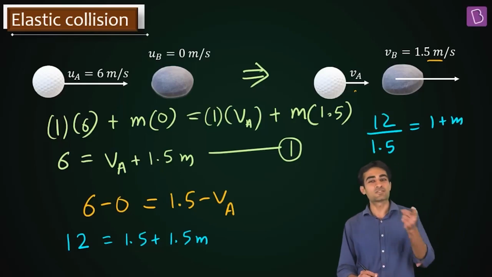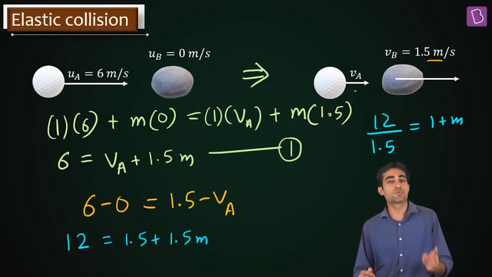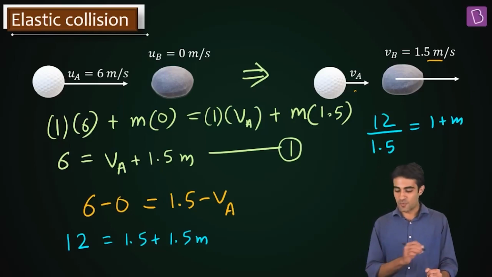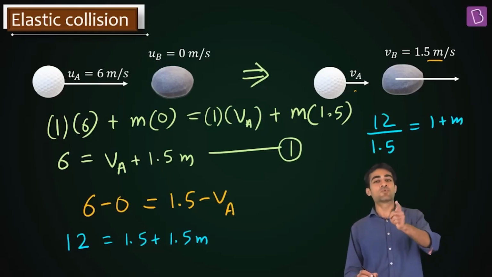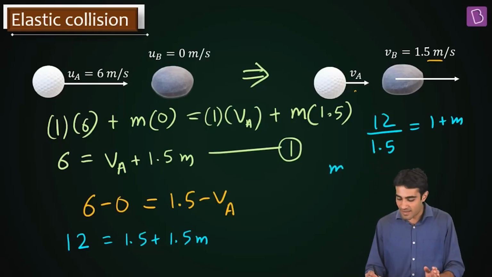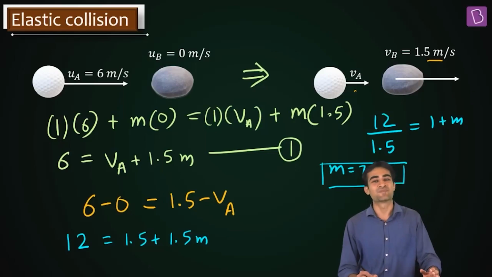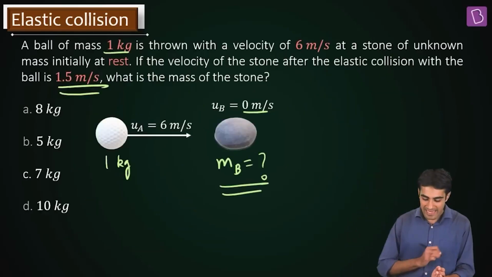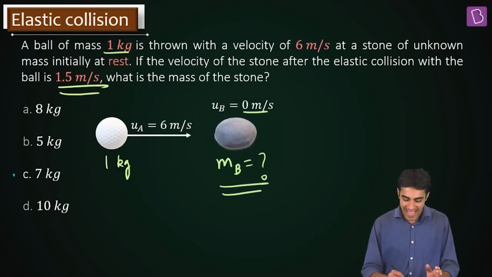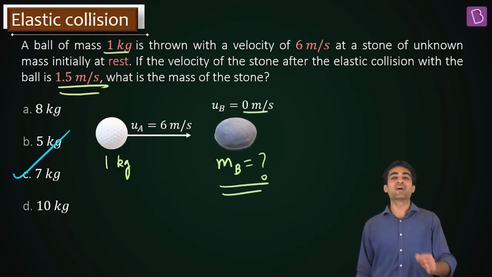What is 1.5? 1.5 is 3 by 2. So we are getting 8 = 1 + m, and m becomes 7. So the mass of the stone is 7 kg. Yes, 7 kg is the mass of the stone. And now let's go back and mark option C as the right answer for our question.